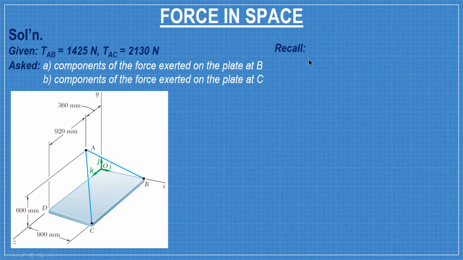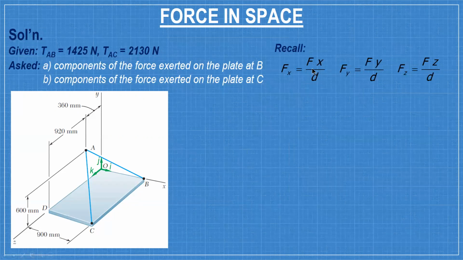Let's recall the individual components Fx, Fy, and Fz. So, the force at B. The movement goes from B to A: from B you go up, and then move this way to A. So the X is negative, the Y is positive, the Z is positive.